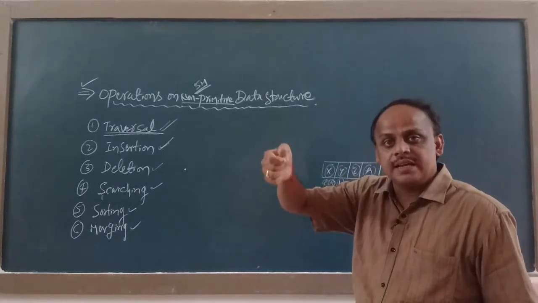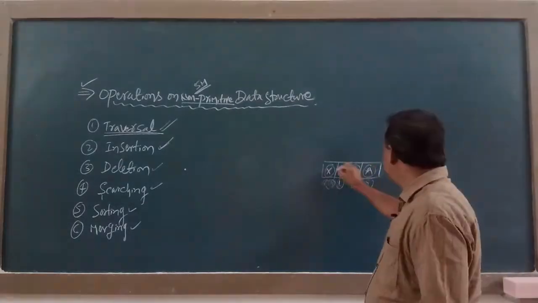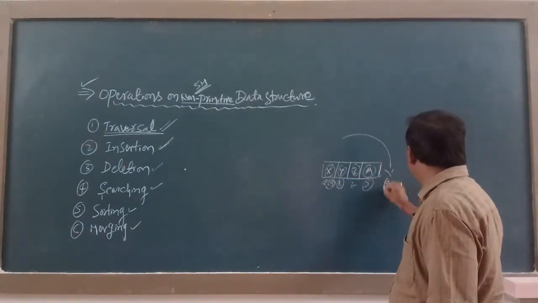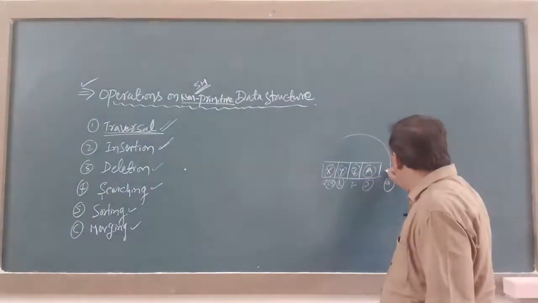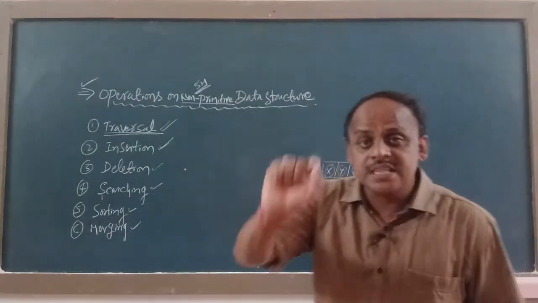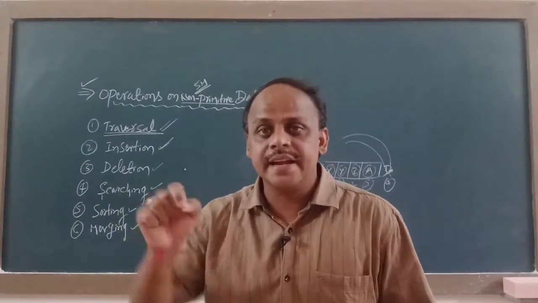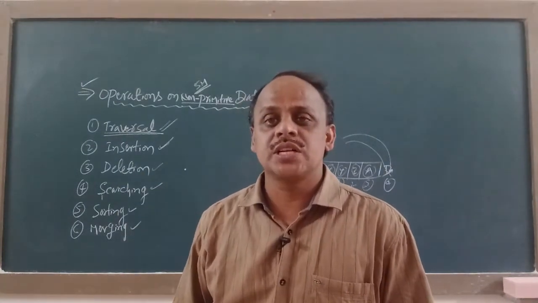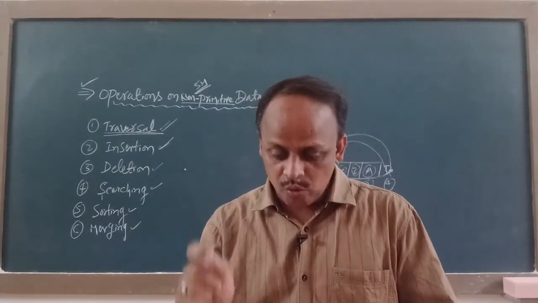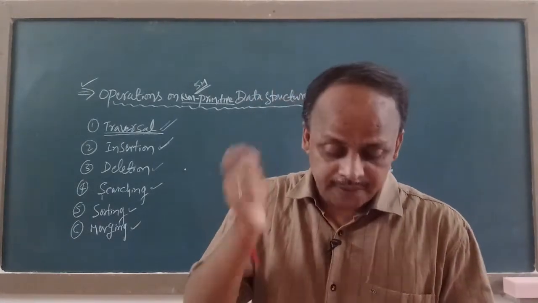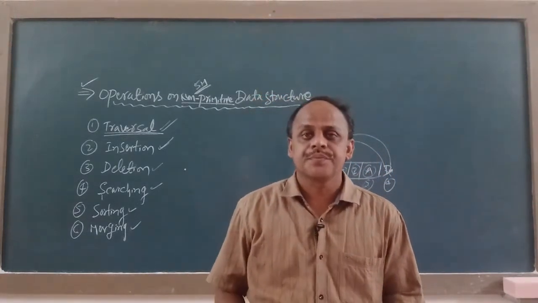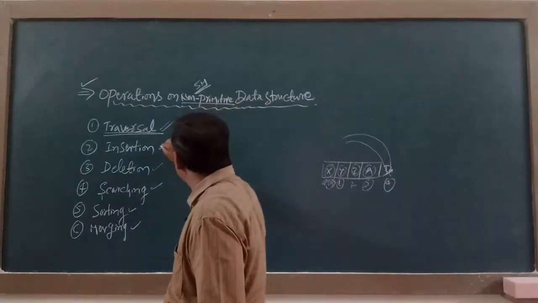I am going to add one more item in the fourth location. So this process of adding a new element into the collection of data elements or data items is called insertion. Let us see once again: the process of adding a new data item into the given collection of data items is called insertion, right? So this is nothing but insertion.